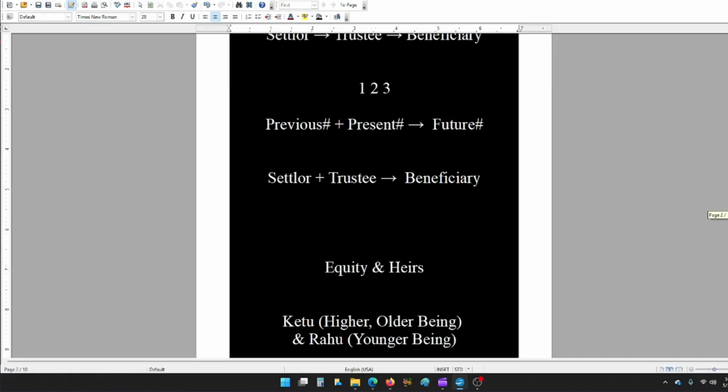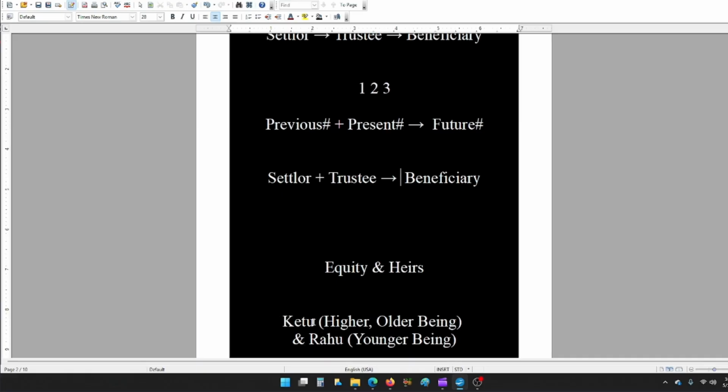With this, they use equity and heirs. This is the equity, the previous. The trustee is holding it for the beneficiary, for the heirs. And I already told you that equity comes from the word Ketu, and heirs comes from the reverse of the word Rahu.